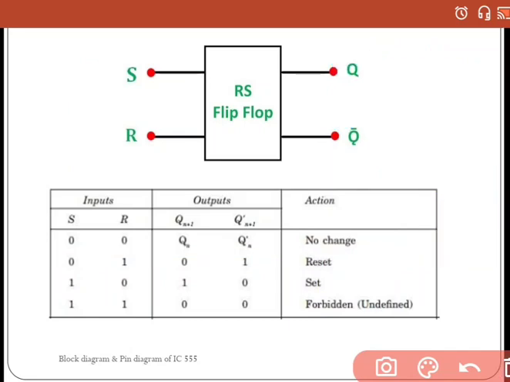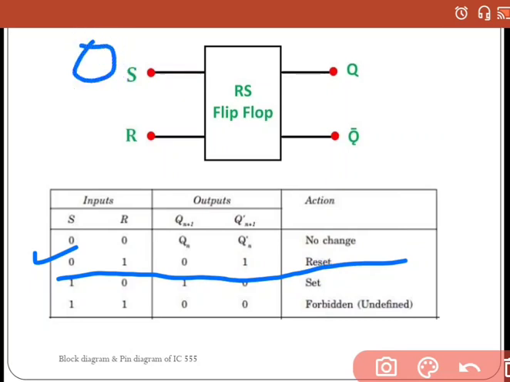Now consider this case. If you put 0 at S and 1 at R, what is going to happen? Putting 0 at S means the upper comparator is low and the lower comparator is high. Then what will be the Q values?